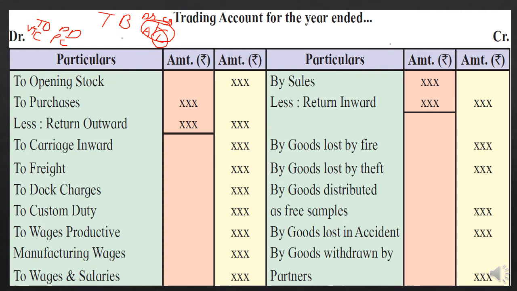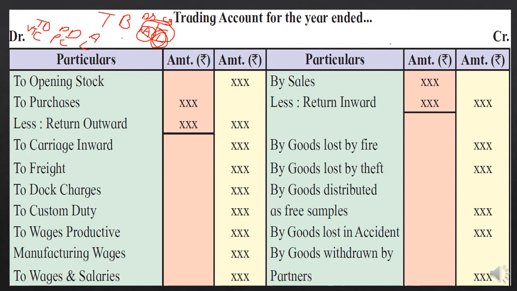In the trial balance, an asset you will see on the debit side and a liability on the credit side. If it is an asset, it will go on the asset side of the balance sheet, and if it is a liability on the credit side of the trial balance, it will go on the liability side of the balance sheet. So this is the abbreviation we are going to use for making the posting.